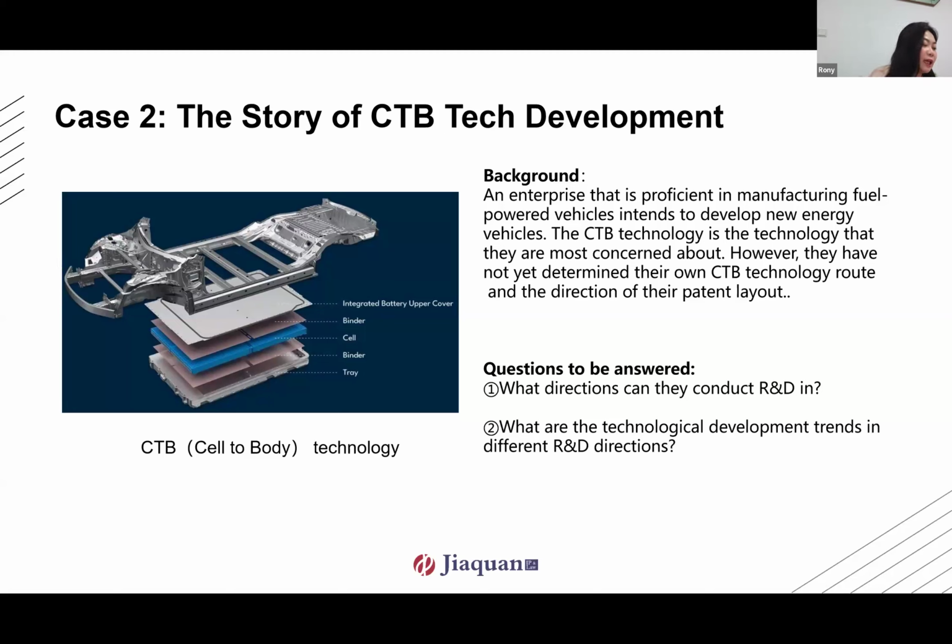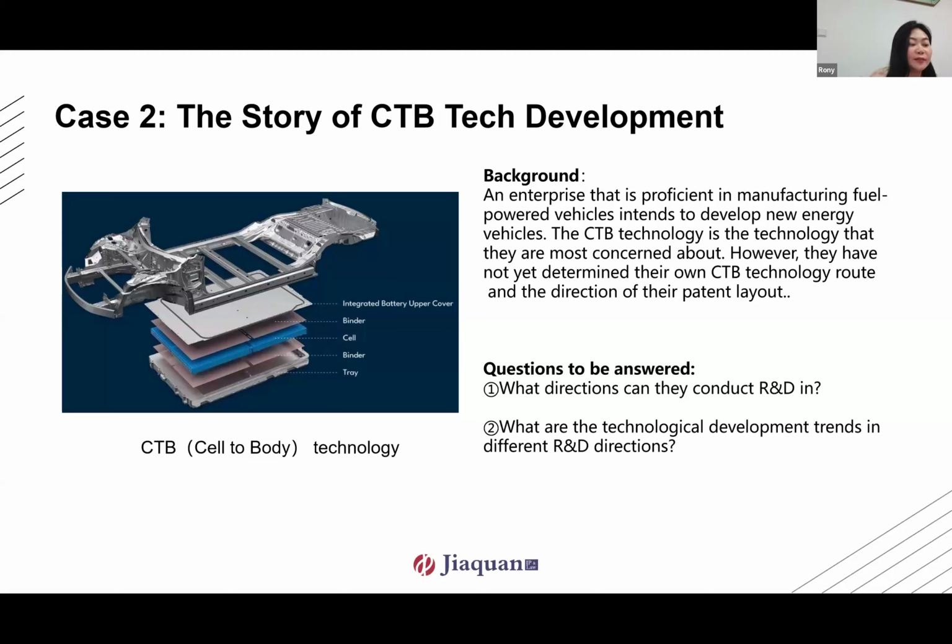Well, there are a large number of new energy vehicle companies in China. As far as I know, there are at least 3 main R&D directions for the C2B technology. For example, there is the solution proposed by BYD, and the other one proposed by Tesla.